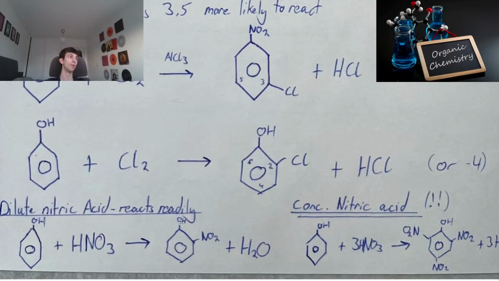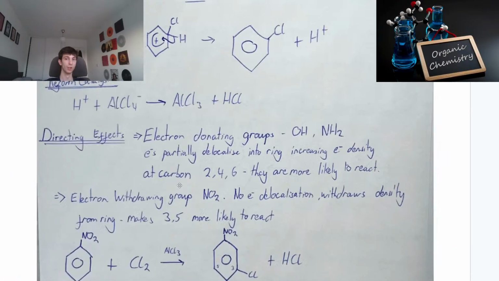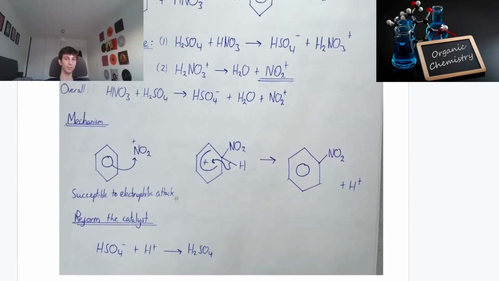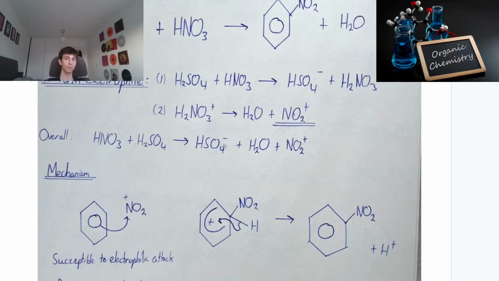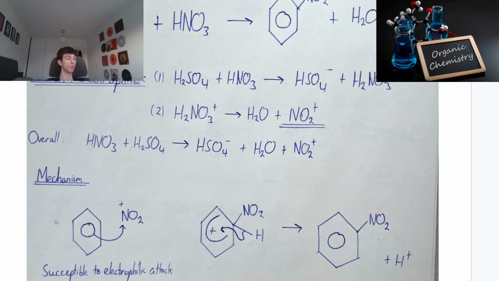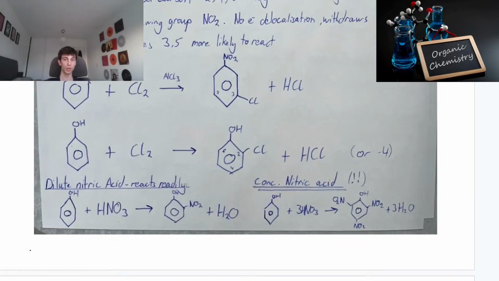Why is it H2O? Well, we already saw before, if I go up very quickly, guys, to the nitration of benzene, we have H2O as a product when we form our electrophile. We've got the HSO4 minus, the H2O, and the NO2 plus. So we have that water as a product with the nitration of benzene. Good to know.